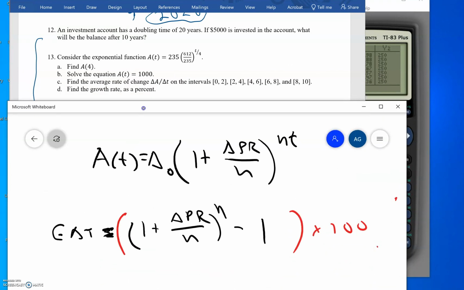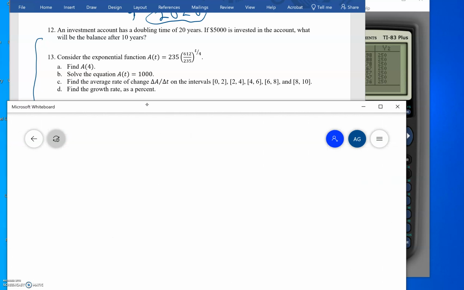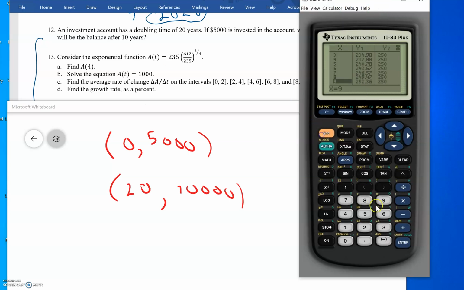And my points are going to be time 0, I have $5,000, and after 20 years, I have double that, so I have $10,000. That's just what the problem tells me. So those are my 2 points, and I'll do exponential regression with that. Let me clear my lists.